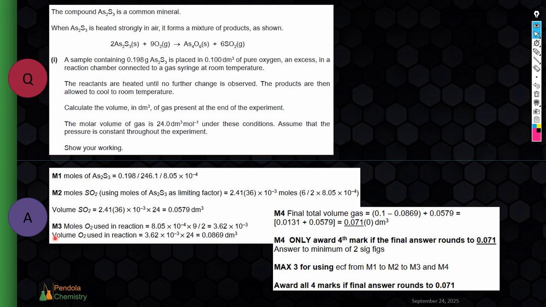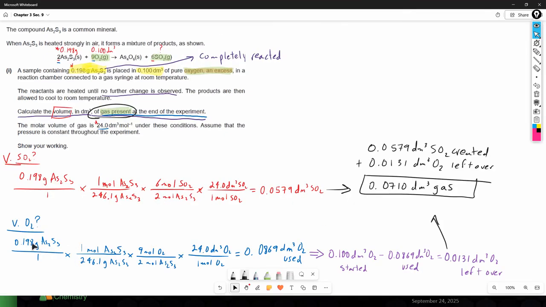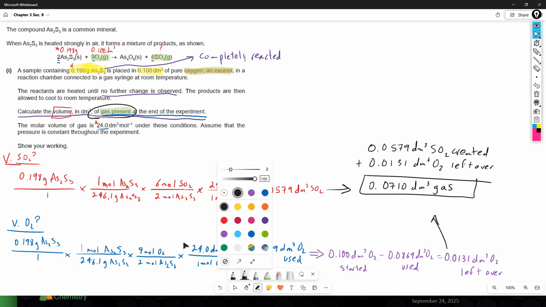So this red section that we just saw gives us 2 points. Then there's a third point for moles of O2 used in the reaction, and then the volume of O2 used in the reaction, which is that blue section in our work. So we get another point down here for converting from grams of As2S3 to moles of As2S3, then to the moles of oxygen, then to the volume of oxygen. Let me use a color I haven't used.